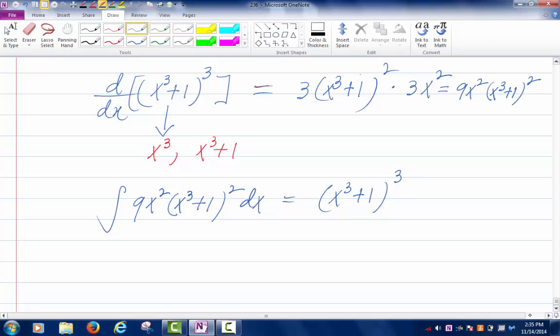And first of all, let's look at how the integrand looks here. The integrand, notice that it has two factors. One factor here and the other factor here, okay? And notice that one of the factors is a composition, right? It is the composition of x cubed plus 1 and x squared.